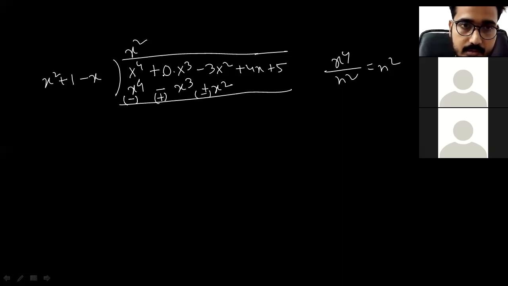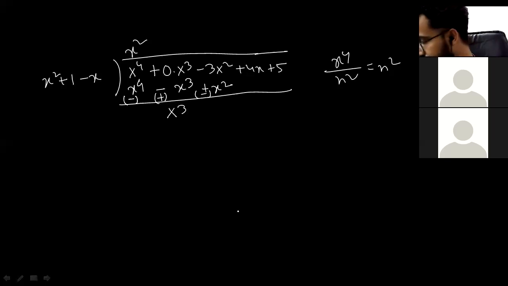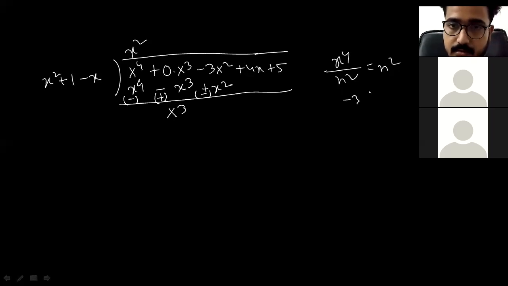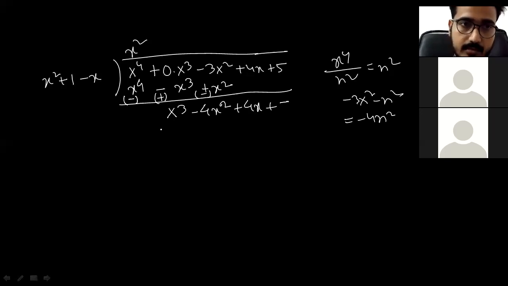Now since it is 0, you can directly write down x cube. Now it will be minus 3x square minus x square, so it will be minus 4x square, then 4x, then 5. Then you have to divide x cube by x square. So how many times? x times.